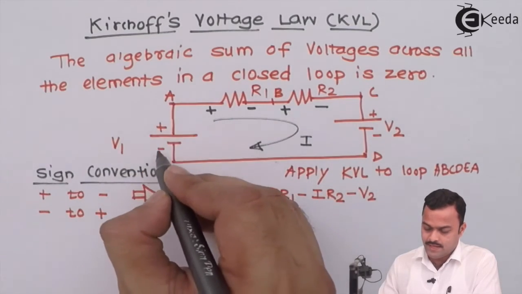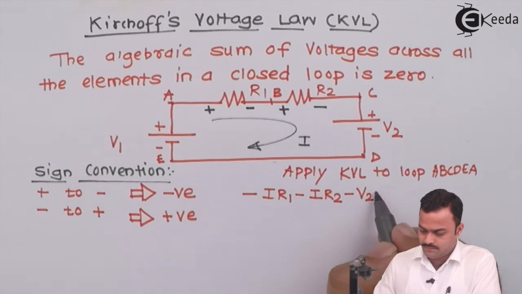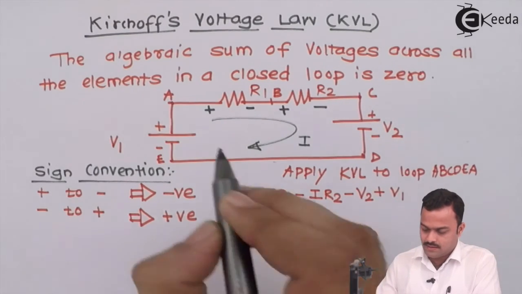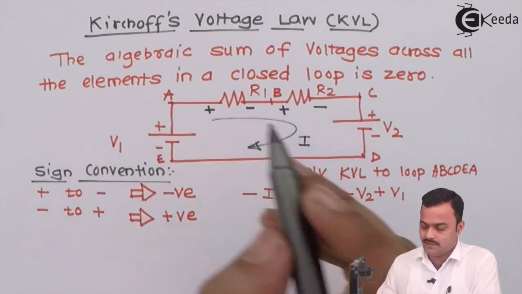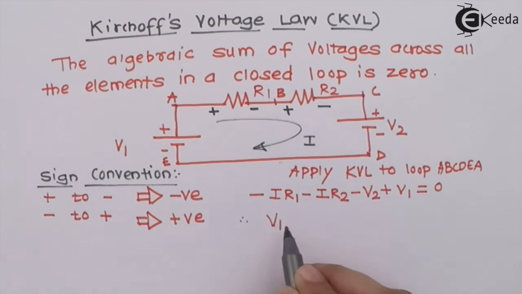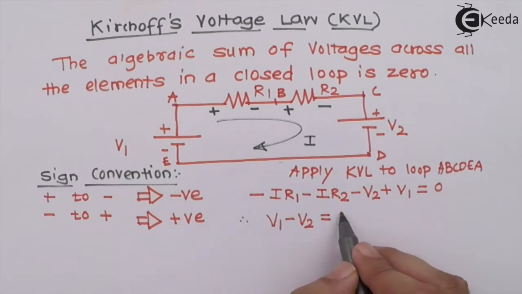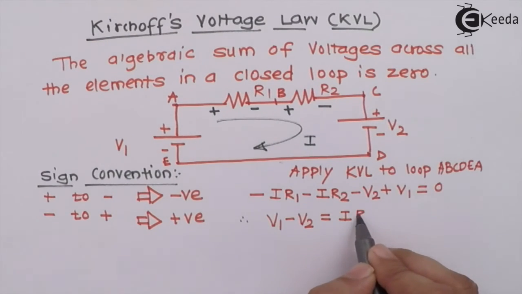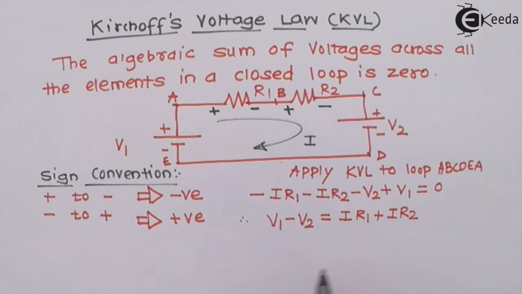E to A, minus to plus is plus, so plus V1, and I have to stop over here because I started with point A and am coming back to the same point A after traversing the path, giving 0. I can simplify this, and I will consider all the voltages on one side, all the currents and resistors on another side to get IR1 plus IR2.